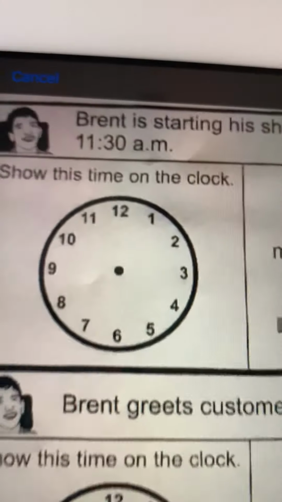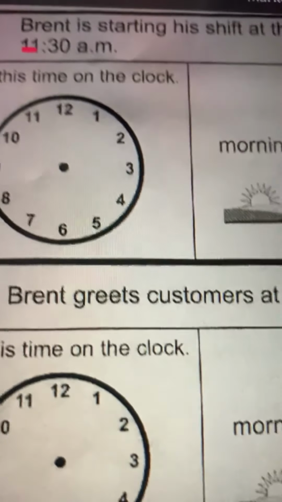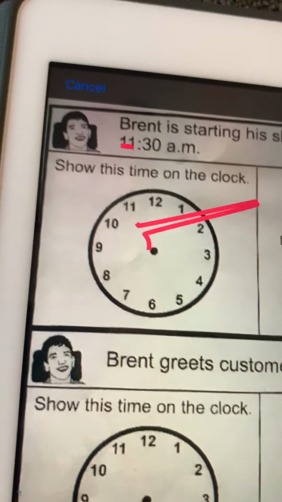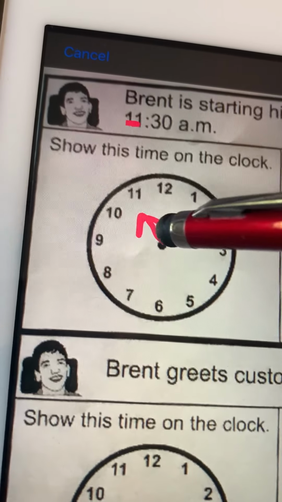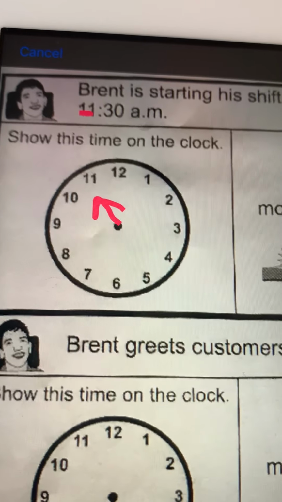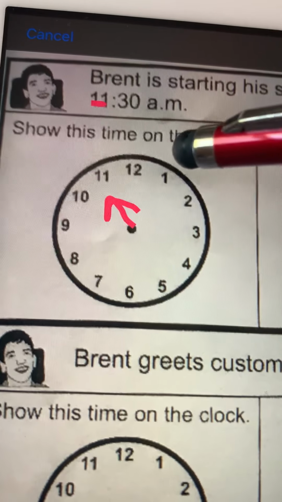Okay, so your hour is 11. So we need to make a little hand pointing towards, oh goodness, Miss Tiffany messed that all up. Pointing towards the 11. And then it's the 30. So we got to make sure that we get it on the 30-minute mark with our big hand.